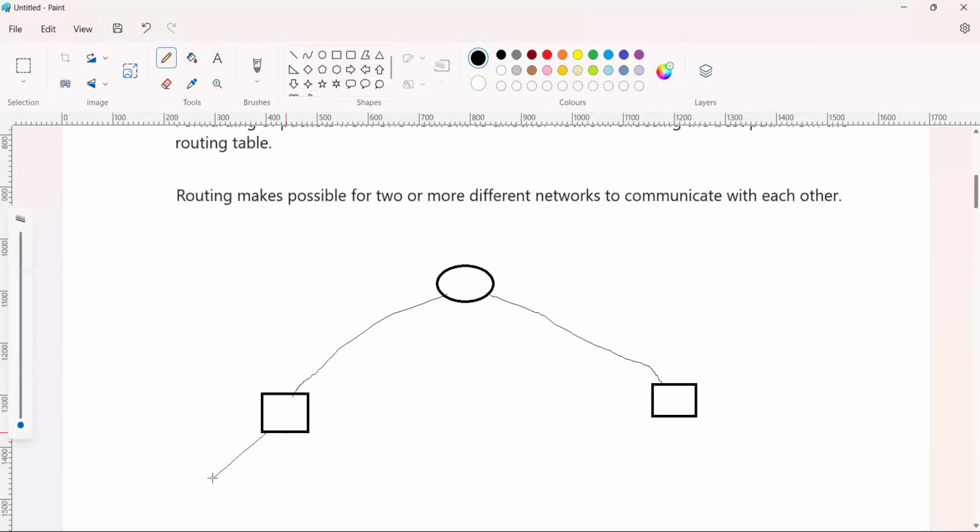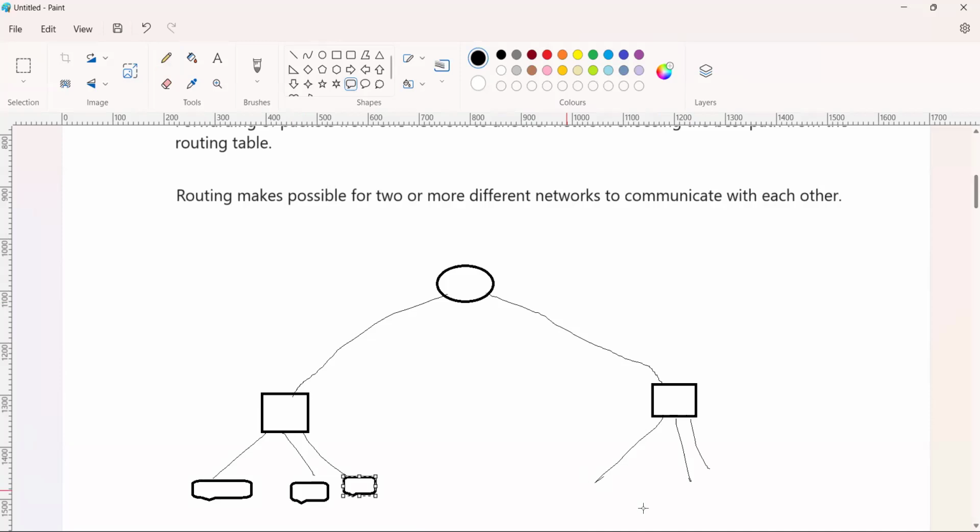This is a LAN network. End users are connected, hosts are connected. You can assume them to be PCs. These are the host end users.